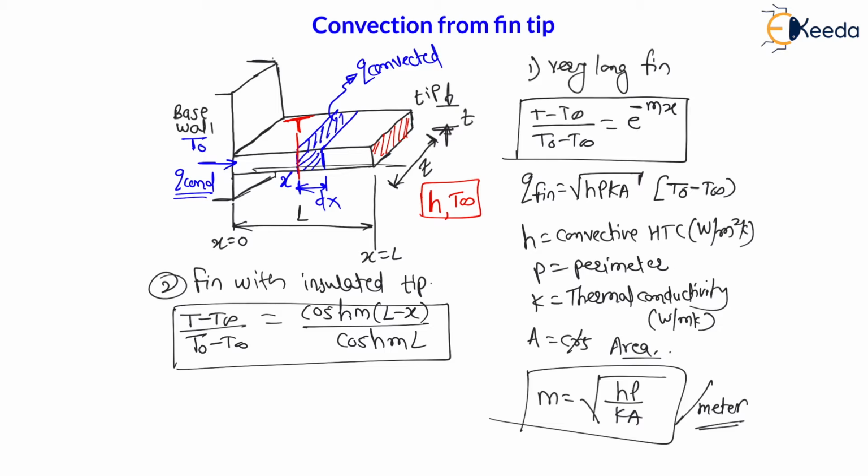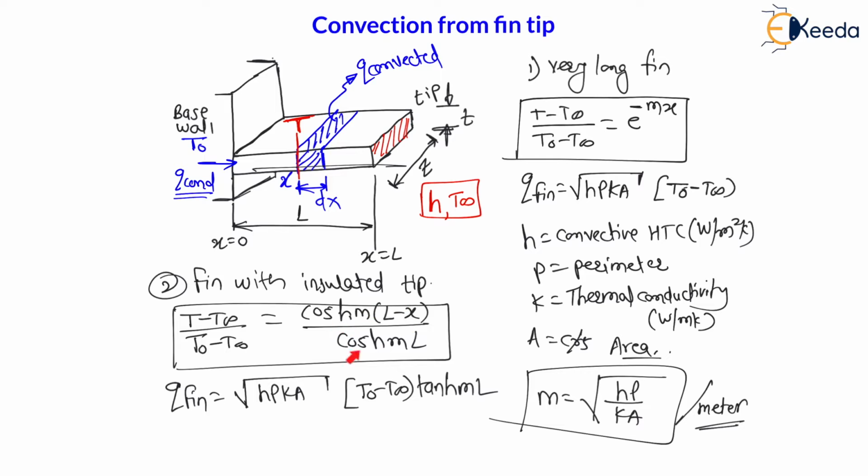Again, the heat transfer through the fin, we have derived the expression as under root of hPkA, and outside the under root there will be (T naught minus T infinity) tanh mL. This means the heat transfer for a very long fin, if multiplied by tanh mL, gives the heat transfer through the fin with insulated tip.